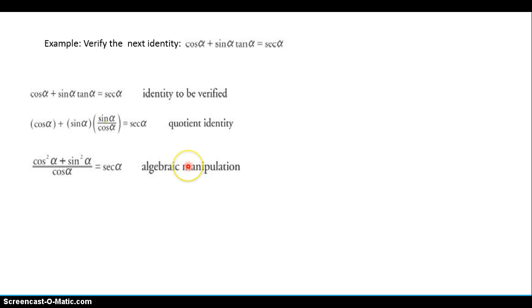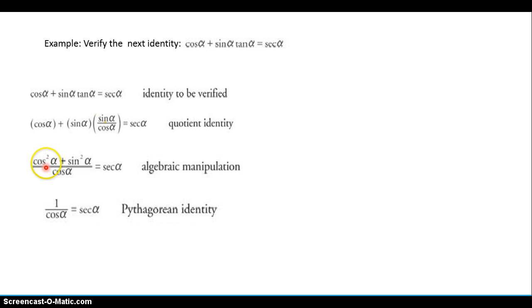Here we use the algebraic manipulation. Now we need to remember that cosine squared of an angle plus sine squared of an angle is an identity, and this is the same as 1. This is our Pythagorean identity.